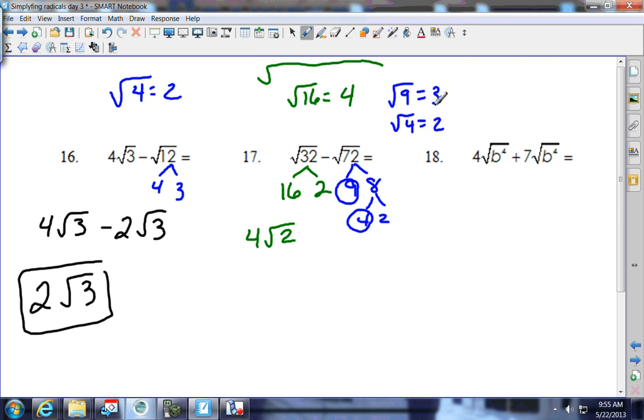So I'll take 3 times 2 and get 6. So I'm going to have minus 6 the square root of 2. Now to simplify, 4 minus 6, negative 2, square root of 2.